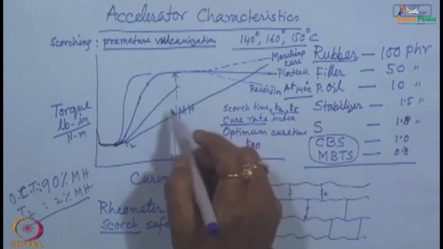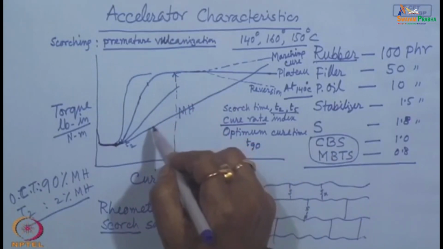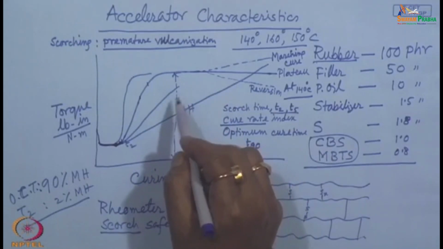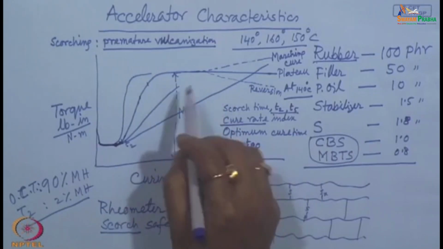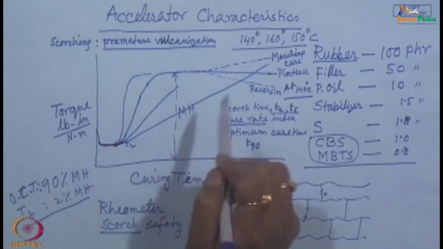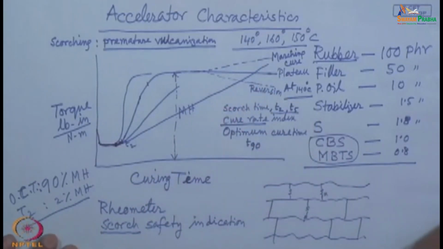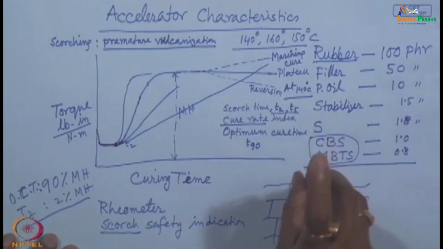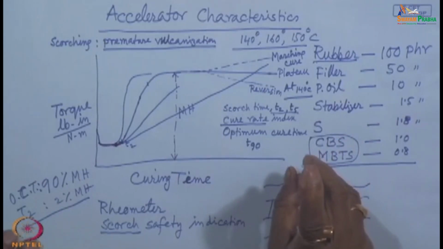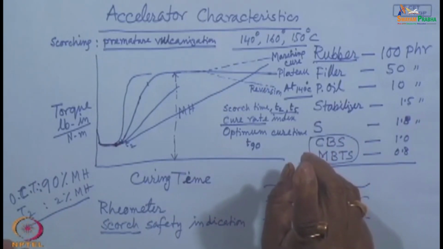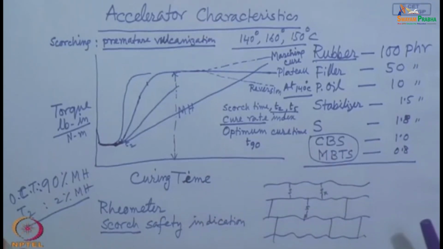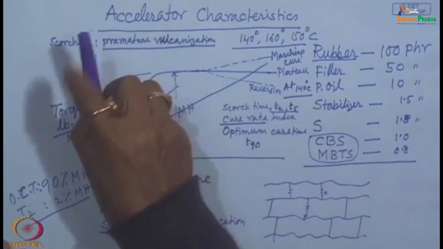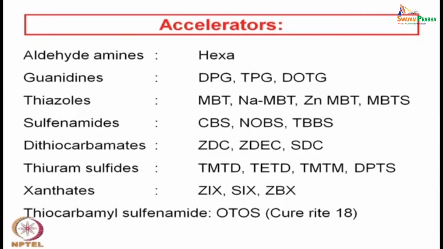That means whether there is a delayed action accelerator, a slow accelerator, a fast accelerator, or a scorchy accelerator, those things can be judged from this rheometer profile. If more information is required, the reader is referred to some special books on rubber technology, or vulcanization, or science and technology of rubber.